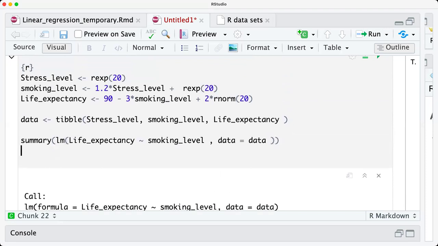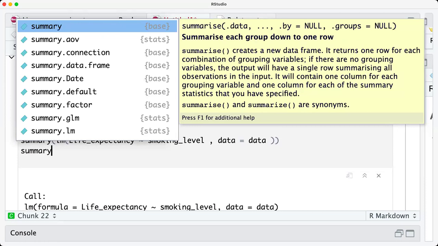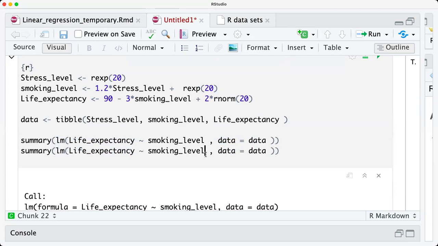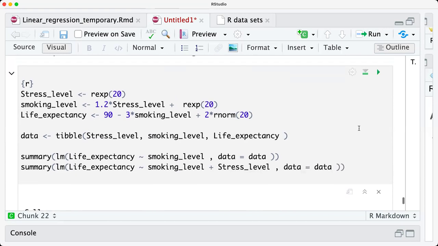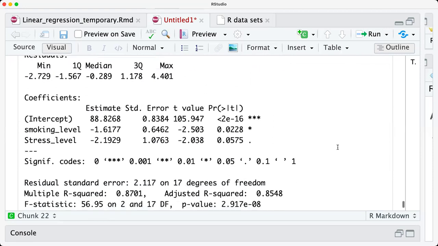Well, now we go and we look at the model that you assume explains the life expectancy, and we do the same, but we add also the confounding variable, which is the stress level. So in this way, what do we obtain? We obtain this model.